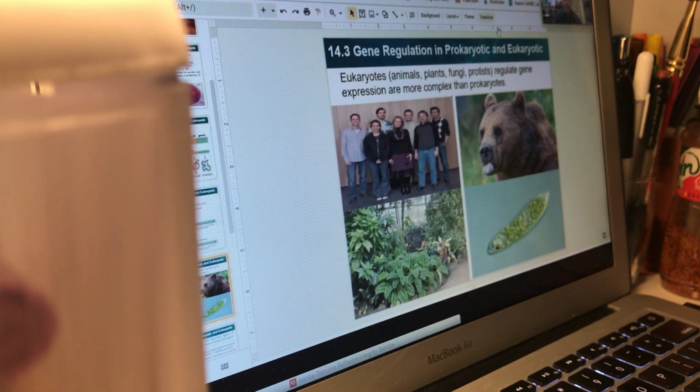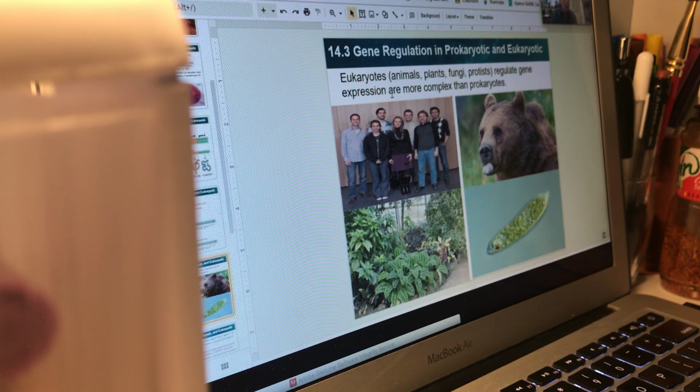Now, so far I've talked about bacteria, how they regulate. Now, if you compare bacteria cells to humans, to plants, to animals, other mammals, to parameciums, this is a paramecium, which is a protist. If you compare prokaryotes, which are bacteria, to eukaryotes, which are plants, animals, fungi, protists, it's not the same.